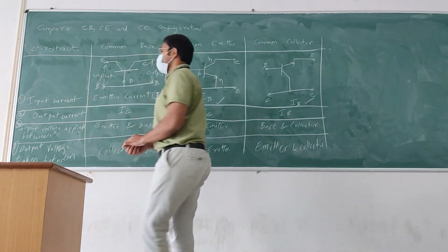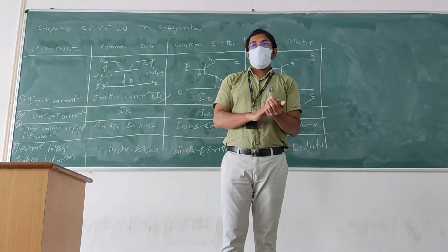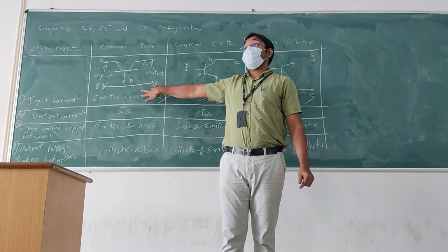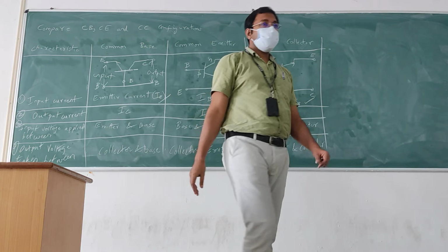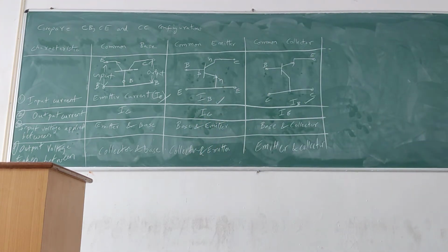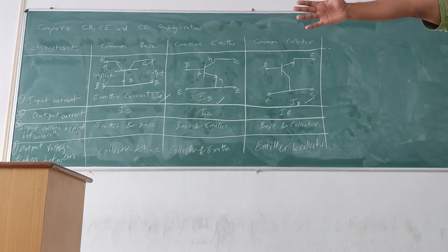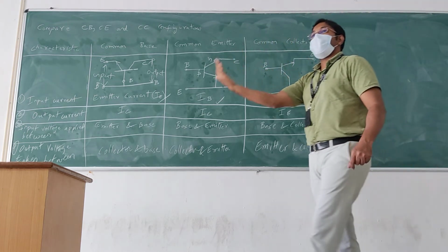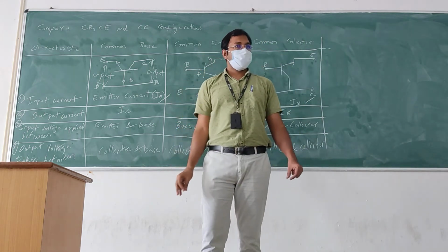One very basic question I want to ask. When base is common, why is emitter the input? If you remember previous classes, you can answer this. For amplification, in a transistor, transfer plus resistor, what we are doing is transferring current from low resistance to high resistance.